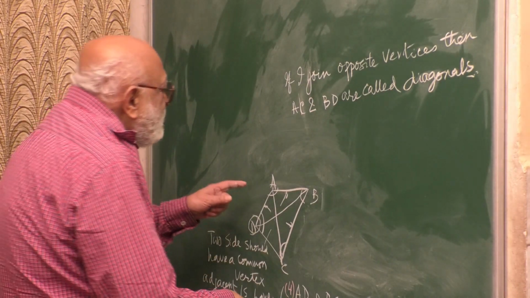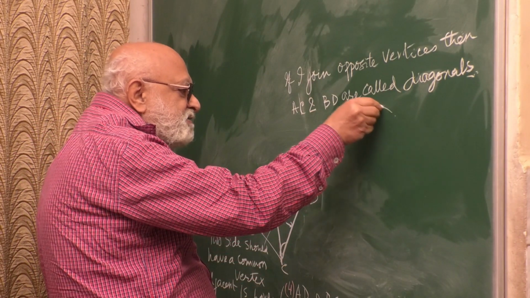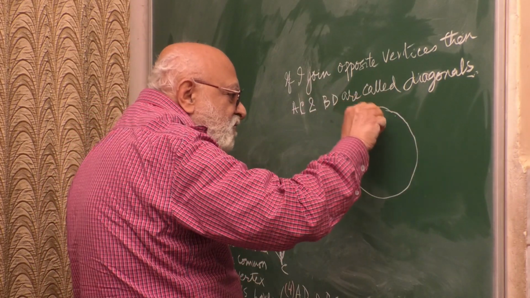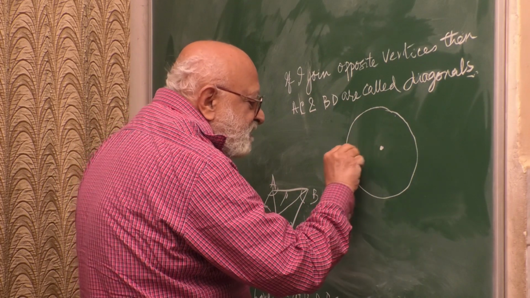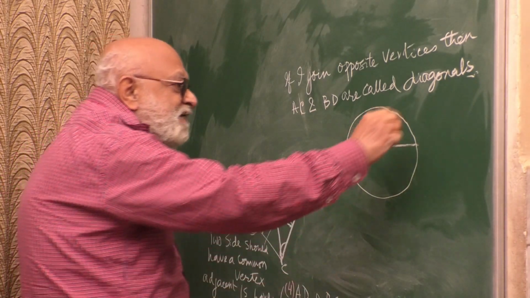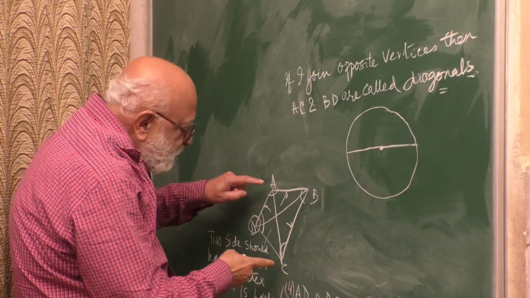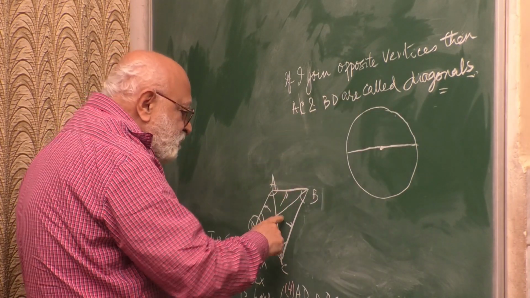We have also heard about diagonals in the case of a circle. The chord passing through the center is called a diameter. The spelling is the same, but because they are joining opposite vertices, the same name has been used.